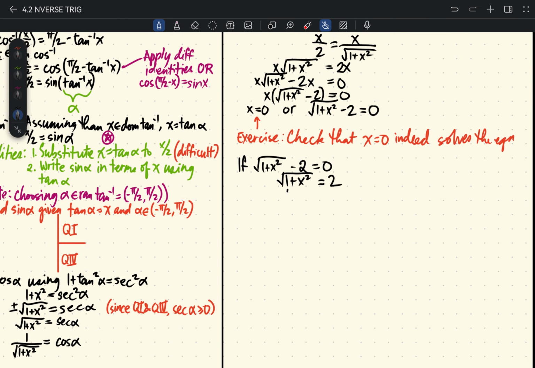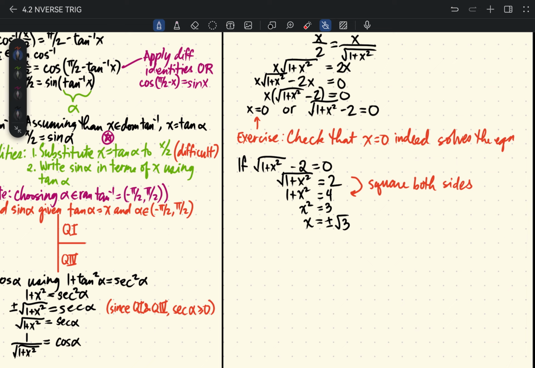Then squaring both sides. So here what we did is to square both sides. We get right here 1 plus x squared equals 4. Then solving for x, you have x squared equals 3. And obtaining the square root of both sides, you have x equals plus minus square root of 3.